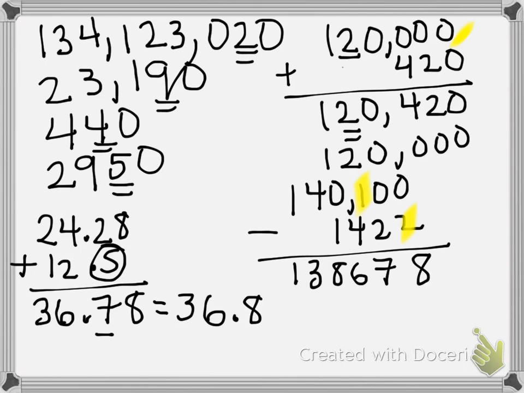Because this is in the hundreds place, my last significant digit has to be in the hundreds place. So I'm going to write this as, when I don't misread the numbers here, 138,700. Letter D, you should get 1.83 when you do it.